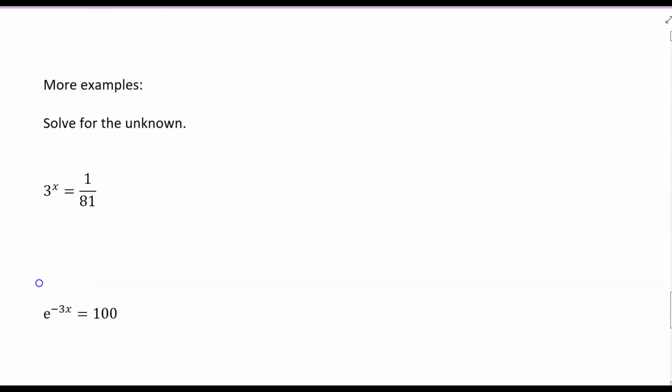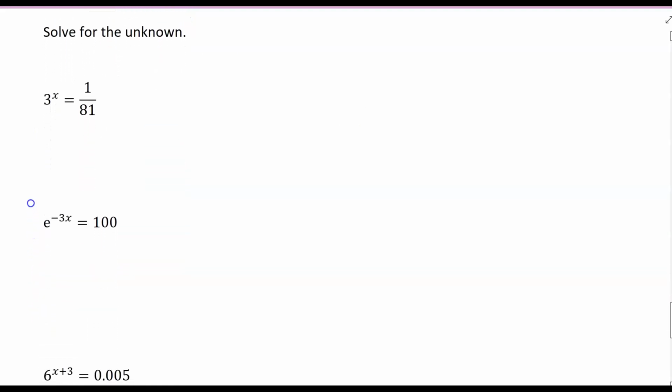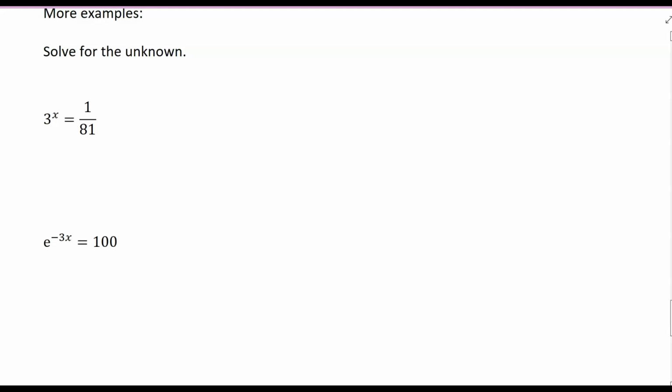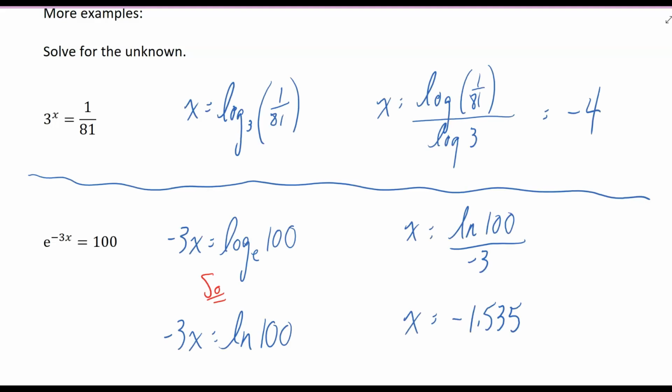Here are some more examples. Let me show you those two. I would suggest pause the video and give these a try, and then compare your answers to mine. Okay, as you can see, the answers are here. We'll go in this direction, and then x equals -4.